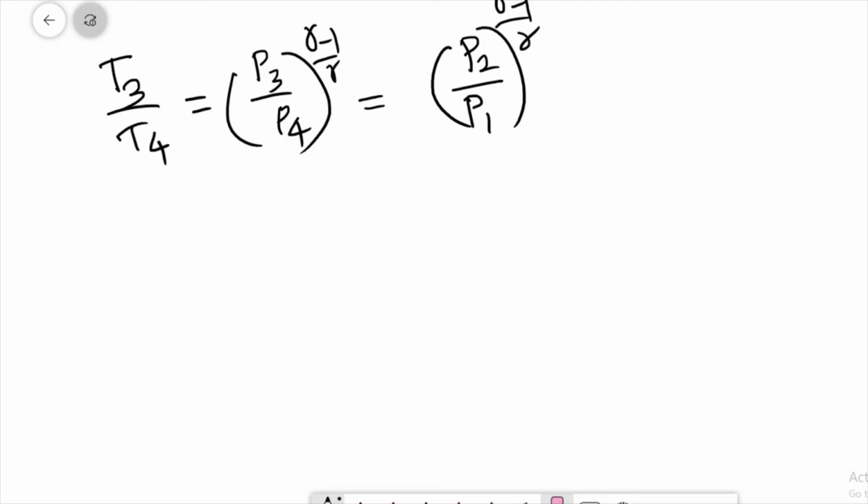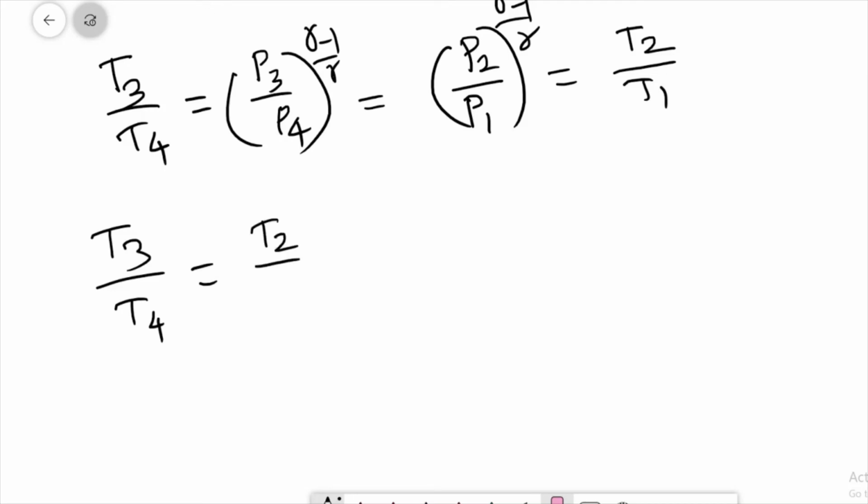So now we got T3 by T4 equal to this, and this is also equal to T2 by T1. So T3 by T4 equal to T2 by T1. This further can be rearranged, that is nothing but T3 by T2 equal to T4 by T1.